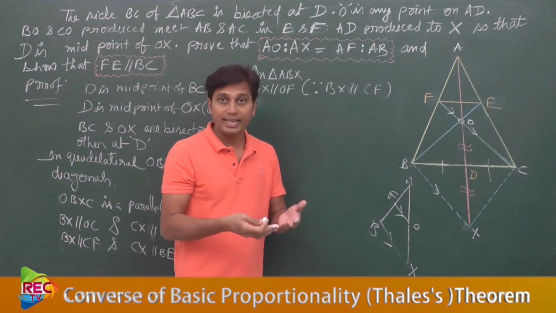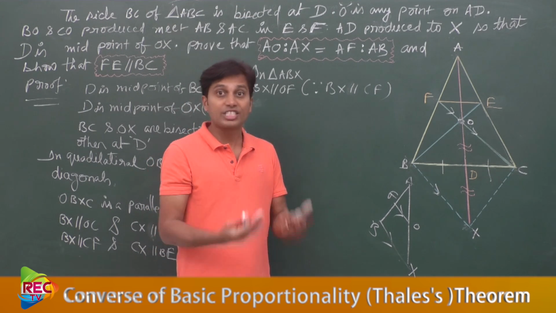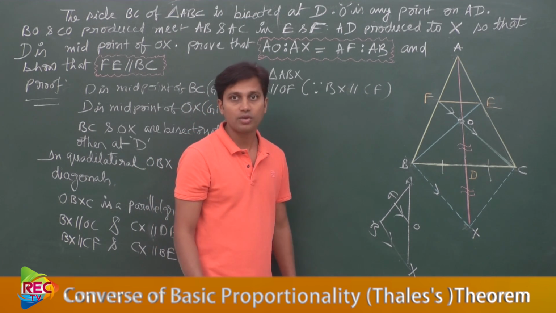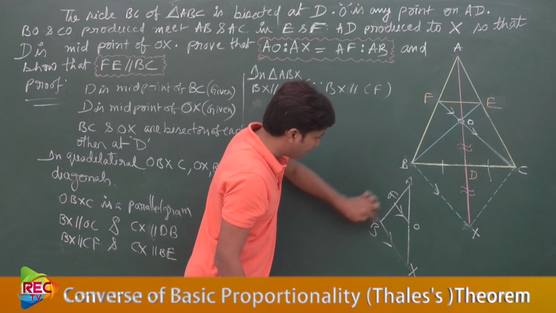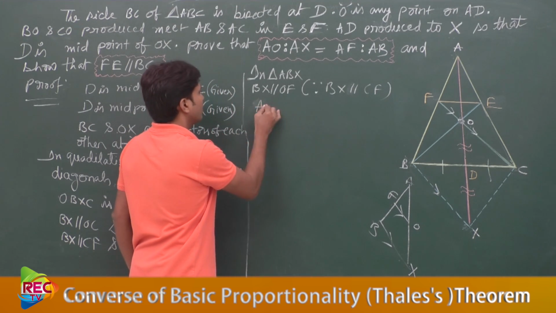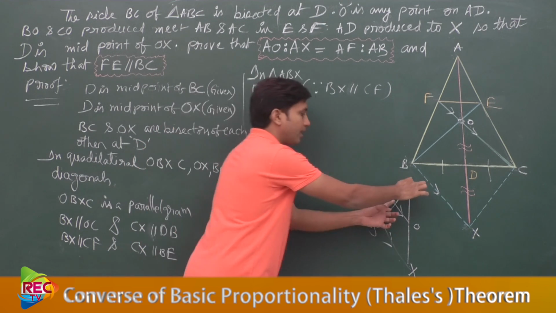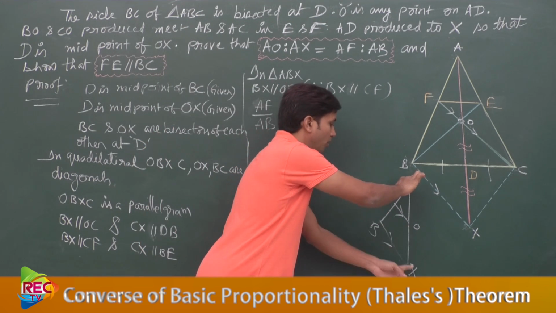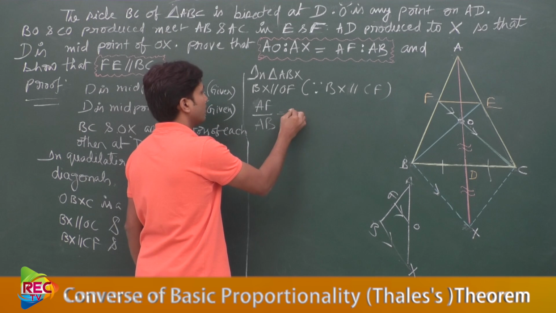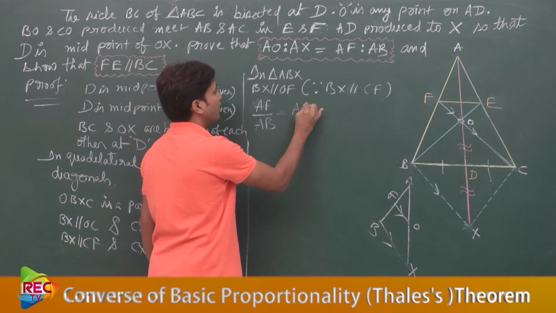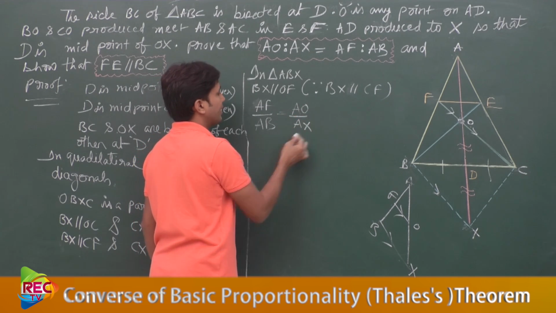We are not applying the basic proportionality theorem directly, we are going to apply its corollary. What is its corollary? AF by AB equal to AO by AX.